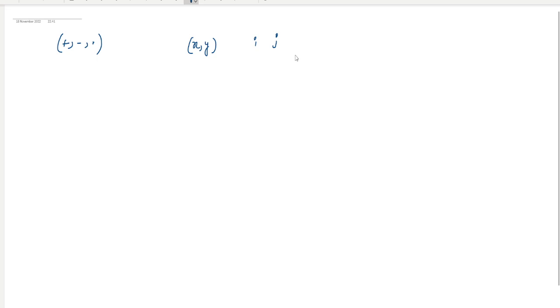The vector i is a unit vector along the x-axis and the vector j is a unit vector along the y-axis. Any point in the xy plane can be reached by a linear combination, a superposition, of these two standard vectors i and j. Then we say the vectors span the space.